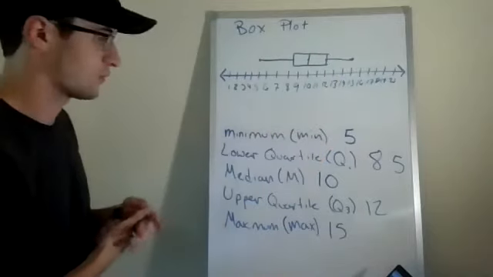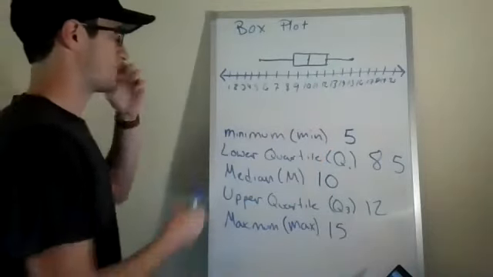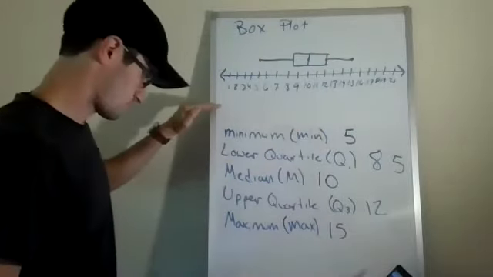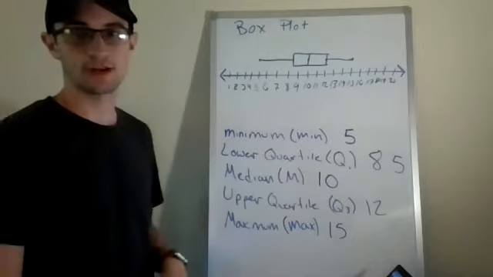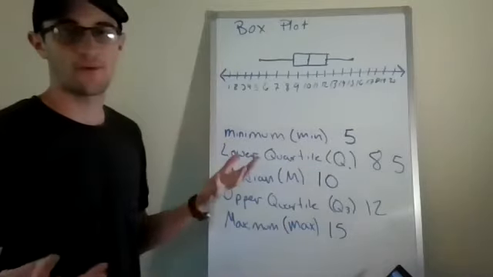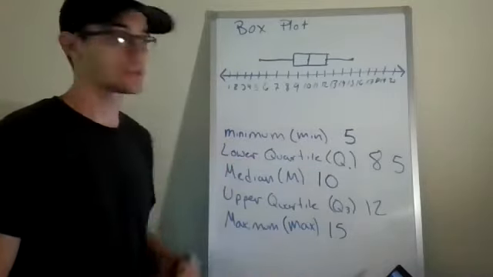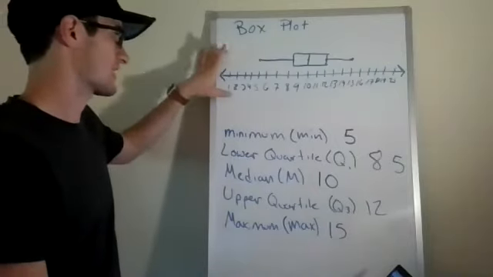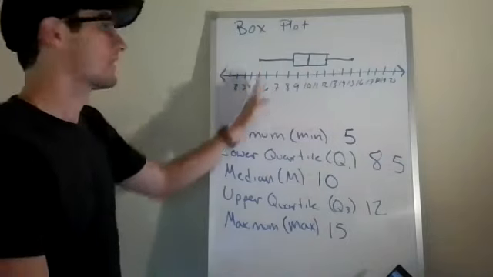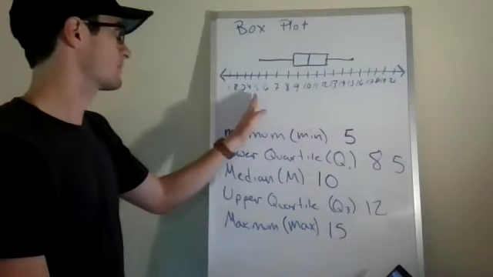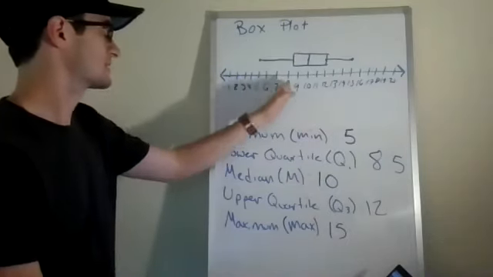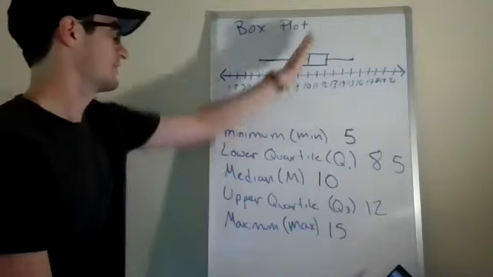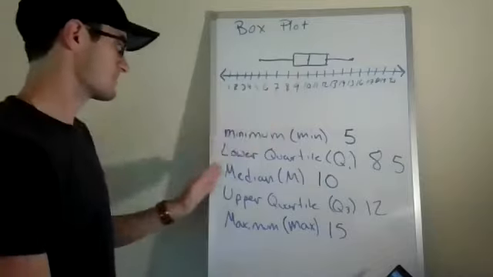And what's cool about this is if I was given just that, I could write out my 5-number summary without needing the list of numbers. I can read this first point as the minimum. The left side of the box lines up with the lower quartile. The middle line lines up with the median.